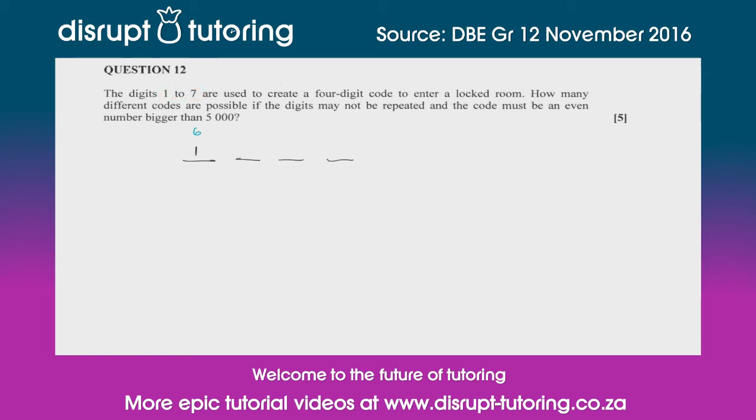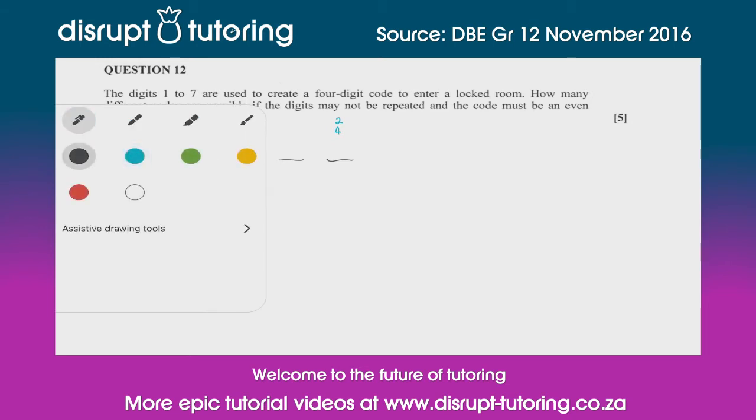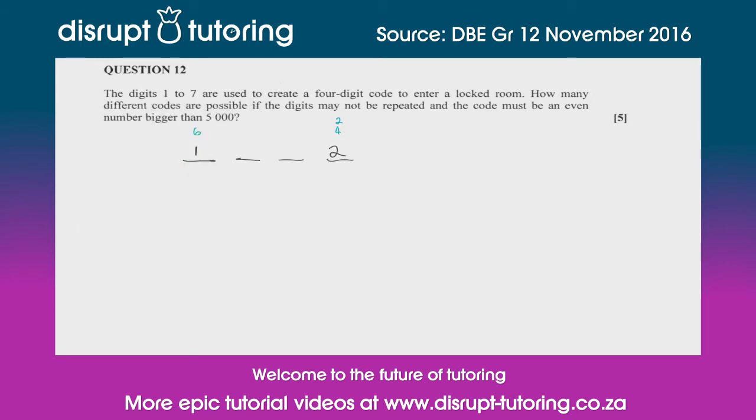What are our even numbers between 1 and 7? Well, we have 2, 4, and 6, but we can't use 6 if we're starting with 6. So that leaves us with only 2 possibilities. It could end in either a 2 or a 4, so that gives us 2 possibilities at the end.